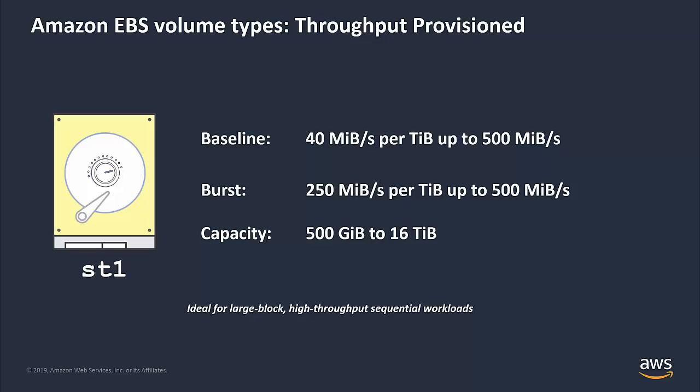ST1 volumes provide baseline performance of 40 megabytes per second per terabyte, up to 500 megabytes per second, and they can burst at 250 megabytes per second per terabyte, up to 500 megabytes per second. When planning storage capacity for either ST1 or SC1 volumes, remember that the minimum volume size is 500 gigabytes.